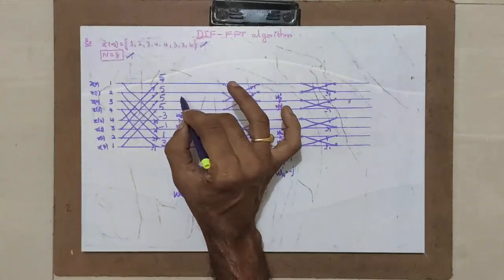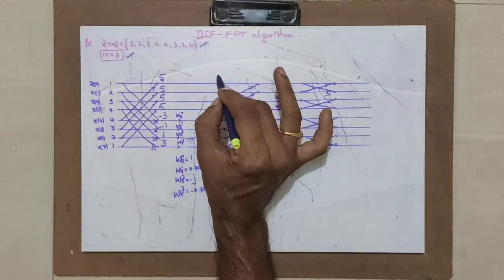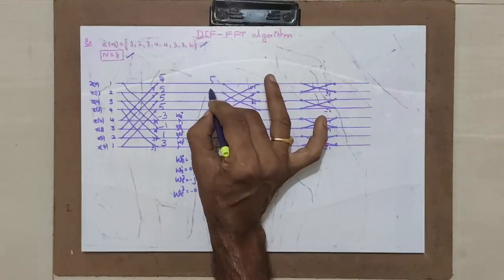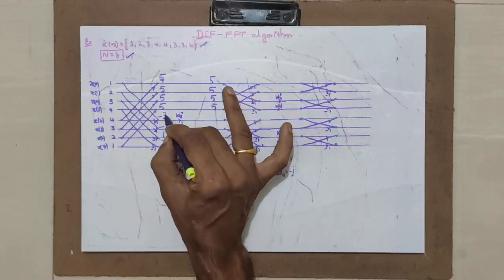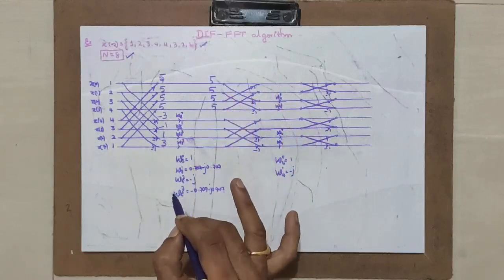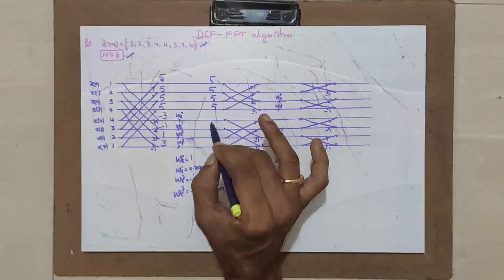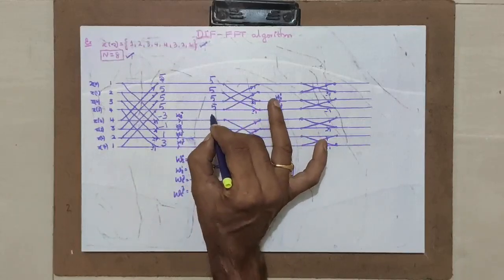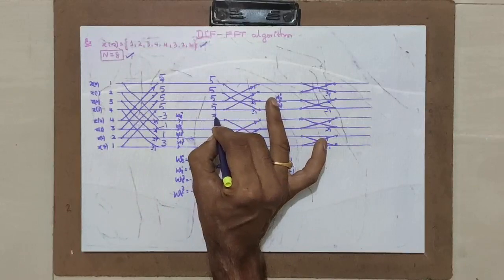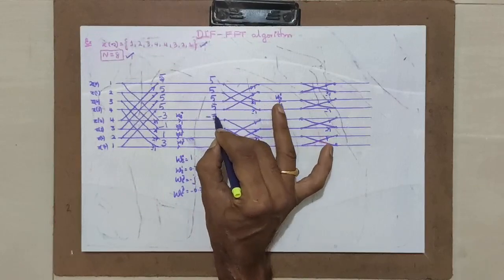Now these 5s transfer to the next stage, correct? And these minus 3, minus 1, 1 and 3 get multiplied by the twiddle factor and sit here. Minus 3 multiplied by W80. W80 is 1, hence my answer is minus 3, correct?